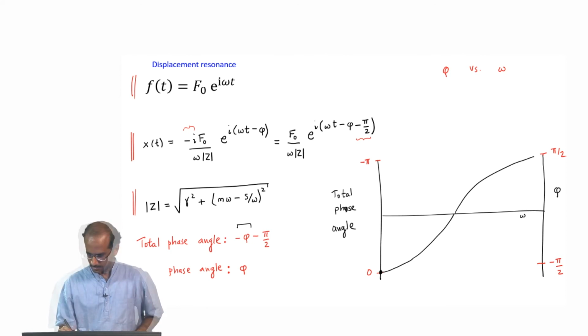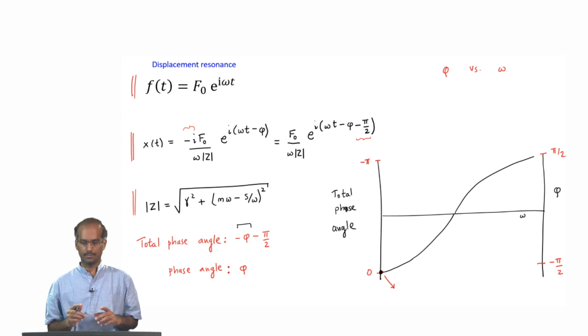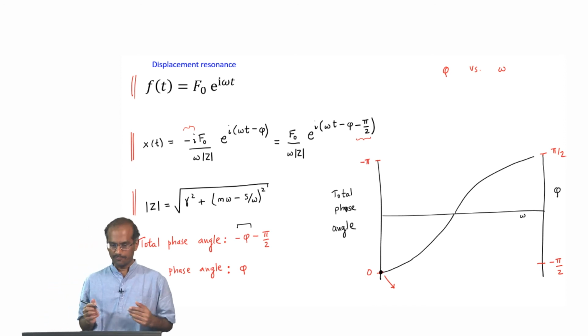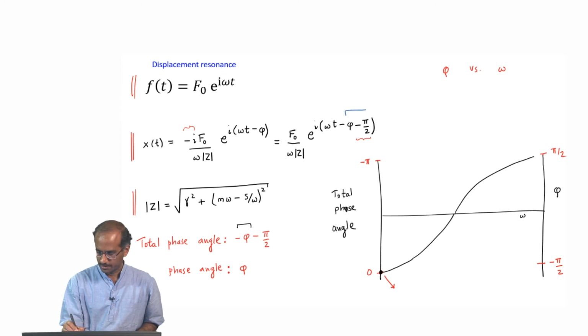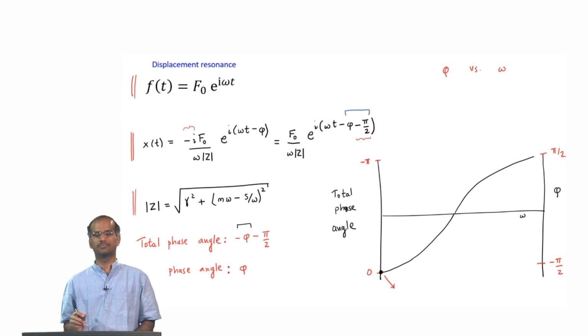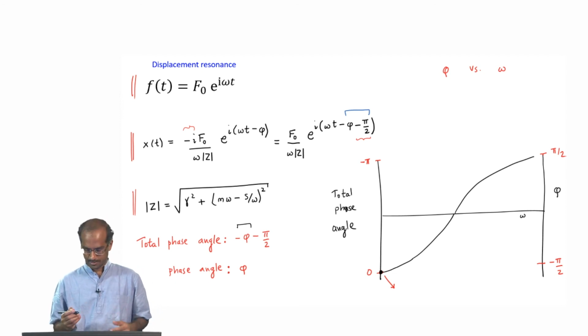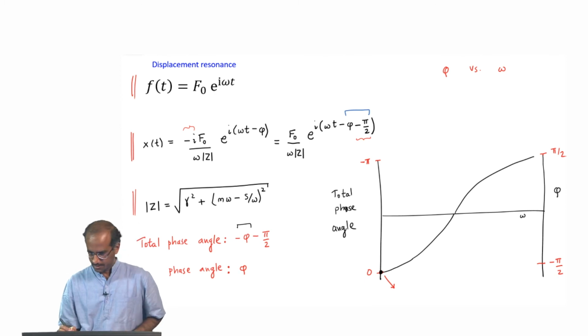And here this is the point where total phase angle is 0. Imagine if total phase angle is 0, this quantity here is 0, which means that displacement and forcing are in phase. So, that is the point where displacement and forcing are in phase.